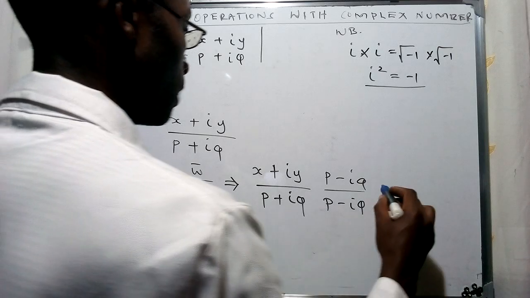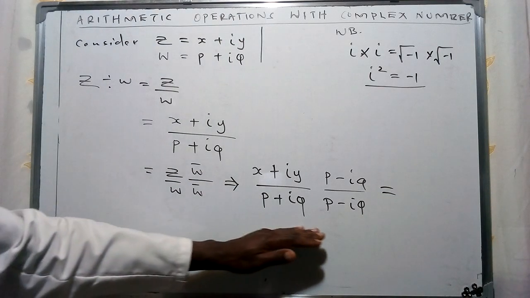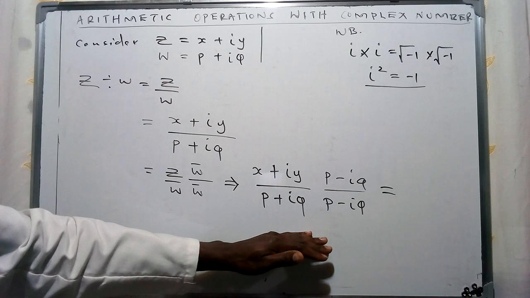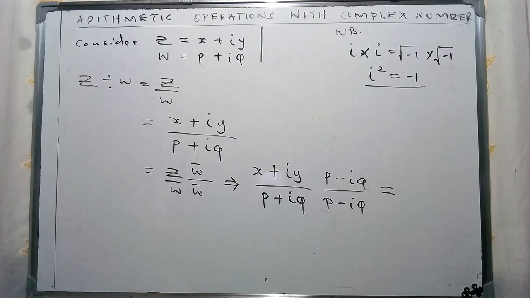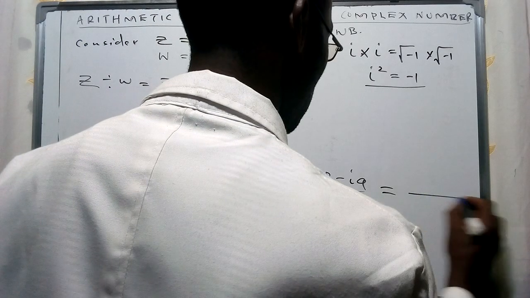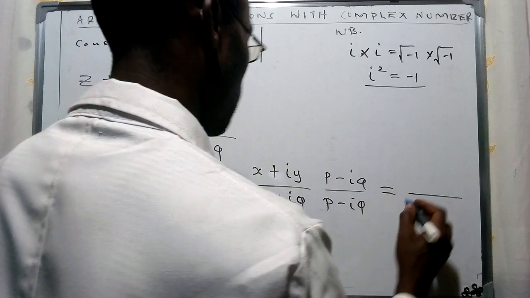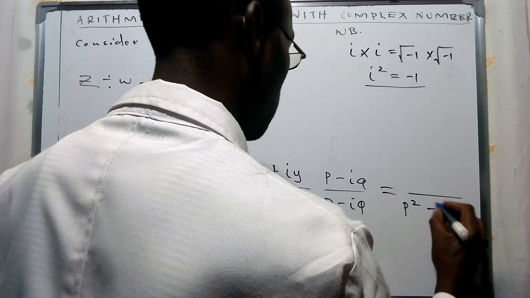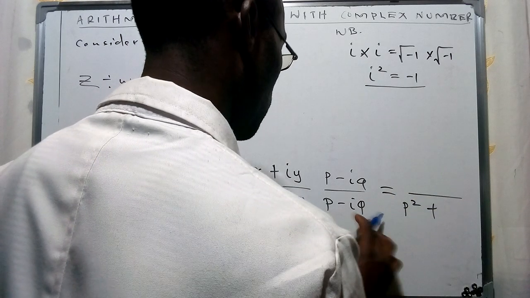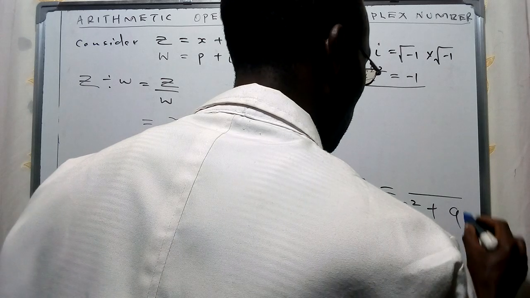So suppose we have two linear factors, we can consider this to be a difference of two squares in terms of their product, and therefore this is going to be represented in the denominator as the square of p plus the square of q.